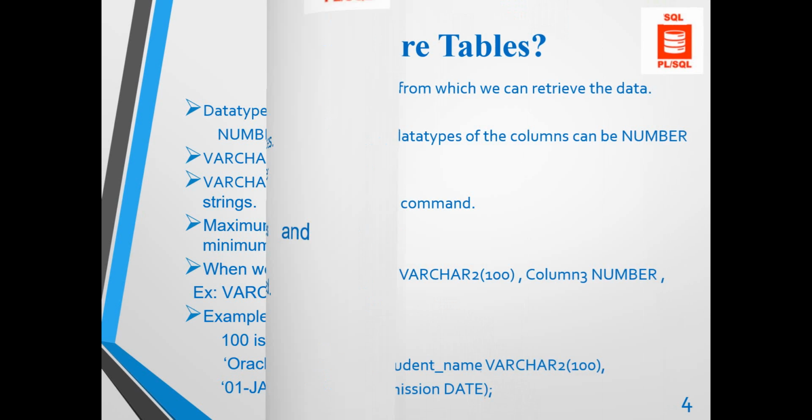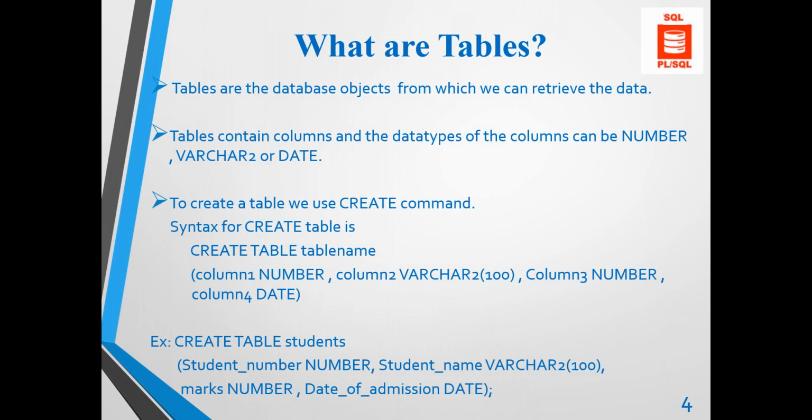So first we'll see the database objects, tables. There are many database objects like tables, views, sequences, synonyms and all, but we'll be covering all in the upcoming videos. In this video, we are going to see about tables. So what are tables in SQL? Tables are the database objects from which we can retrieve the data.